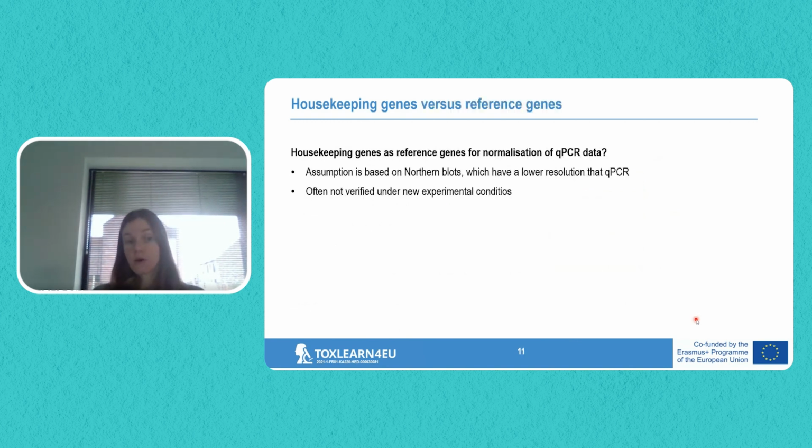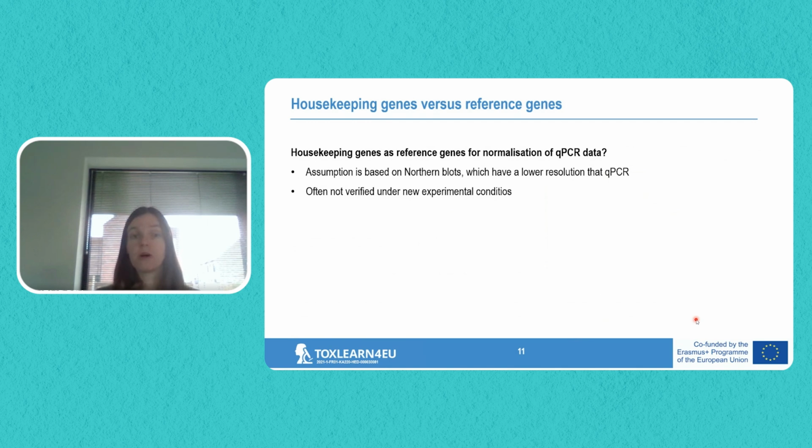But the question now is, are these housekeeping genes always good reference genes for normalizing qPCR data? So many researchers standardly use such housekeeping genes to normalize their qPCR data. However, what they sometimes forget is that the assumption that housekeeping genes are good reference genes, so that they have a very stable expression, is based on northern blots.